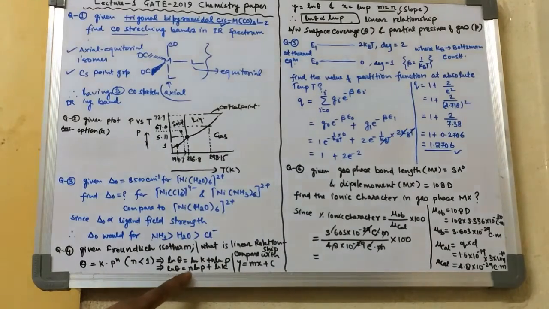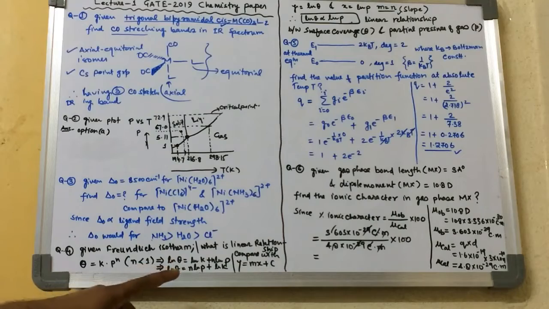So simply you will get an equation like y equals mx plus c. You can easily compare: here y is ln theta, m is the slope n, and x is ln p. So if you plot ln theta versus ln p, you will get a linear relation.